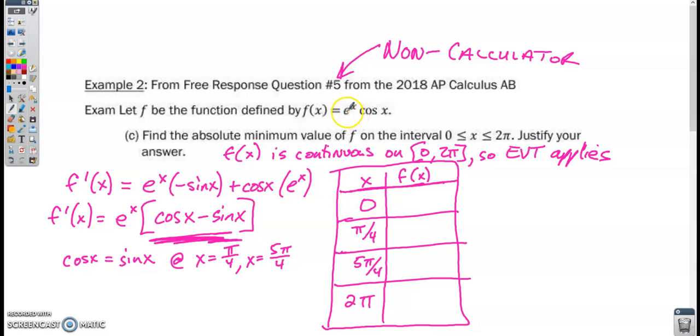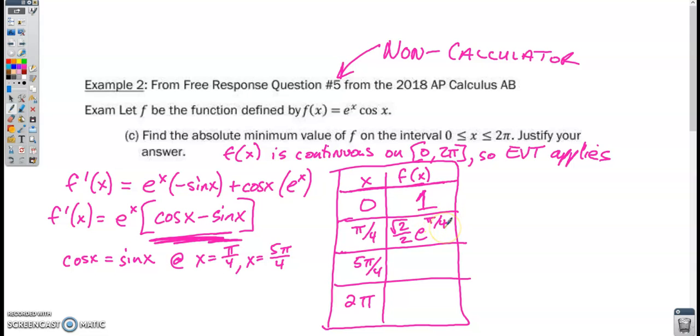I put 0 in here, that's e to the 0 times the cosine of 0. E to the 0 is 1, cosine of 0 is 1, so that product is 1. Pi over 4. E to the pi over 4 is just e to the pi over 4, and the cosine of pi over 4 is square root of 2 over 2. So this is root 2 over 2, e to the pi over 4.